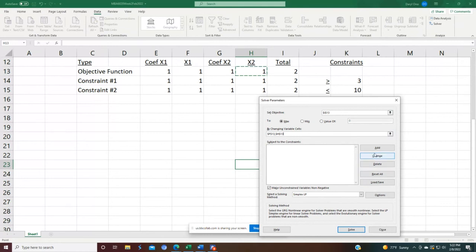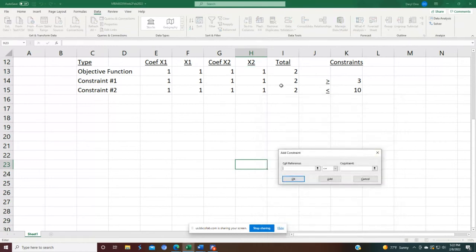Okay, and then we want to add this constraint. I14 has to be, now this one we got to change, greater than or equal to K14. I14 has to be greater than or equal to K14.